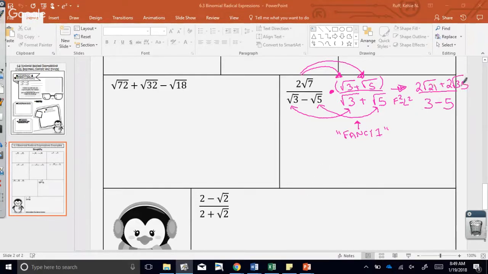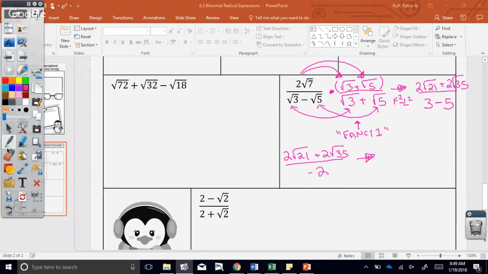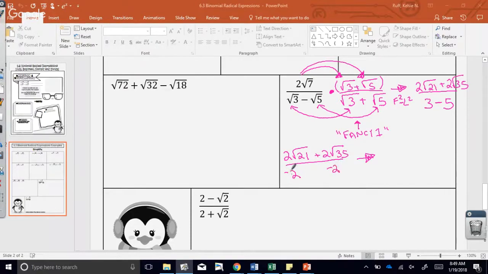Okay, since these radicals don't match, we can't add them. We have 2 root 21, 2 root 35, and then 3 minus 5 gives us negative 2. Last piece, if you want to do it mentally, we're going to take this negative 2 and put it over each piece separately and see if they simplify.